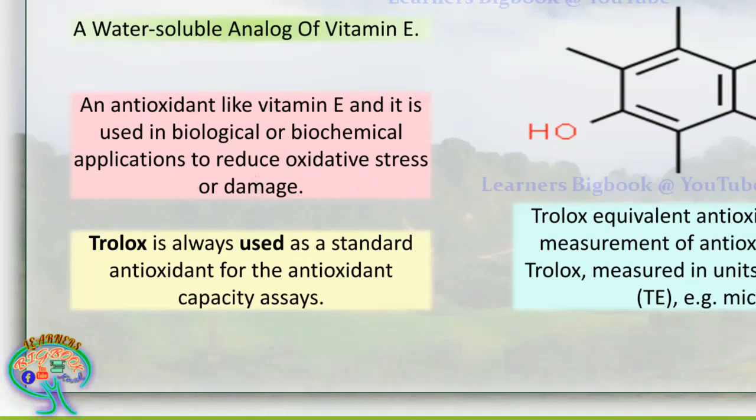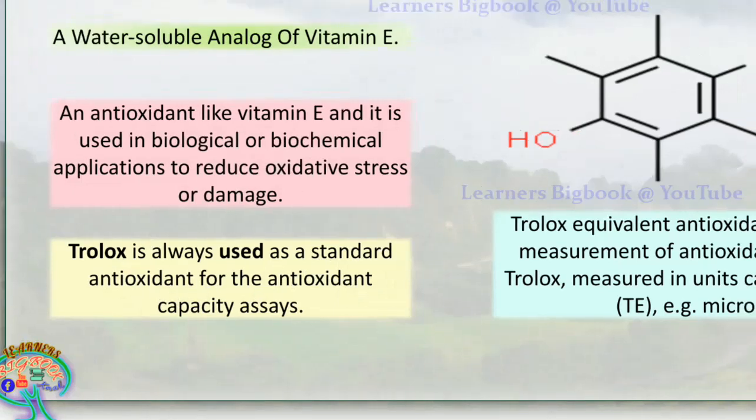So Trolox is always used as a standard antioxidant for the antioxidant capacity assay. So here Trolox and vitamin C, these two are the major antioxidants or vitamins which are used as the standard reference antioxidants to measure the other antioxidants present within the samples.